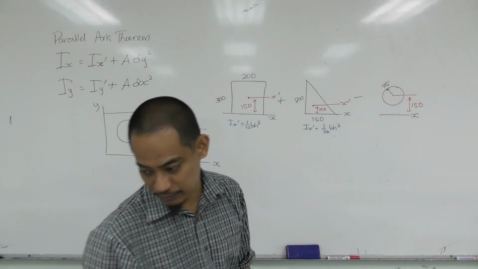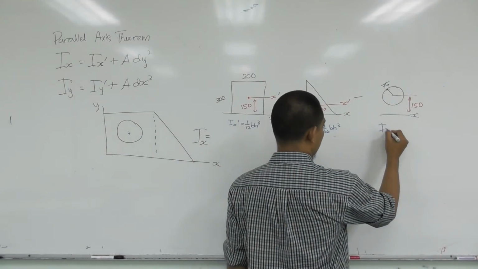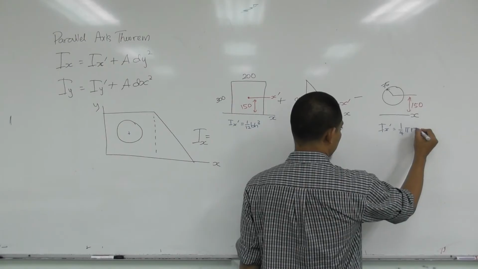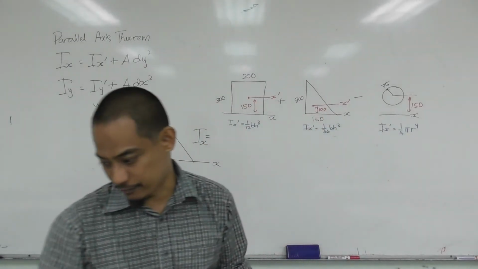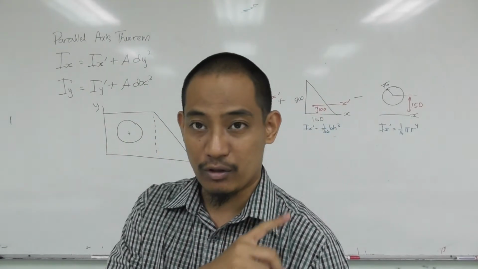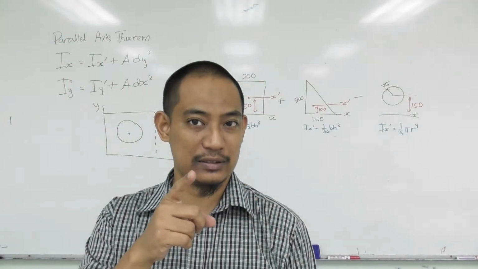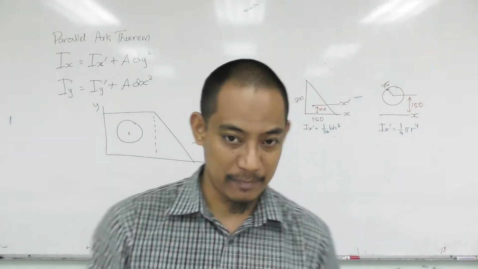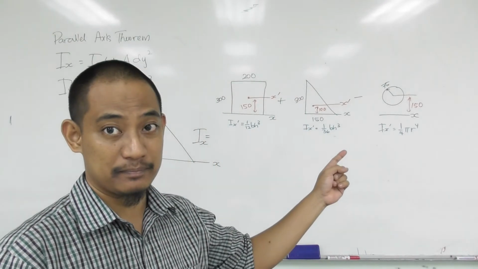For circle, Ix prime is 1/4 pi r to the power of 4. All of those values you have seen in the table just now. Hopefully you know how to refer to the table, unless you want to memorize everything.